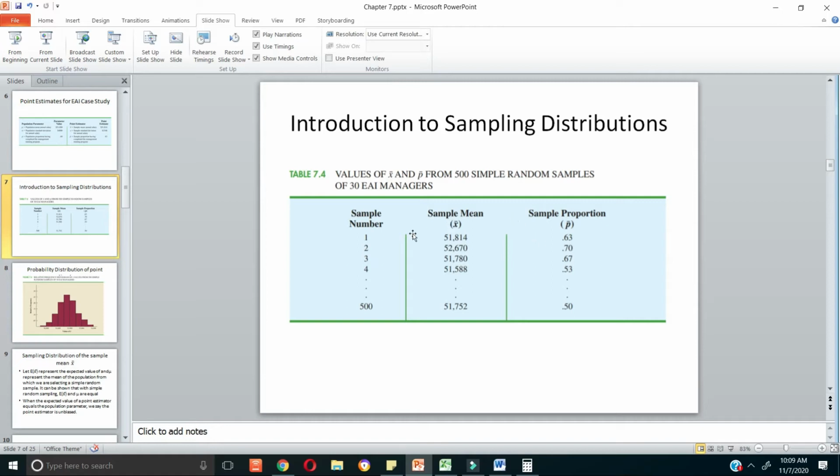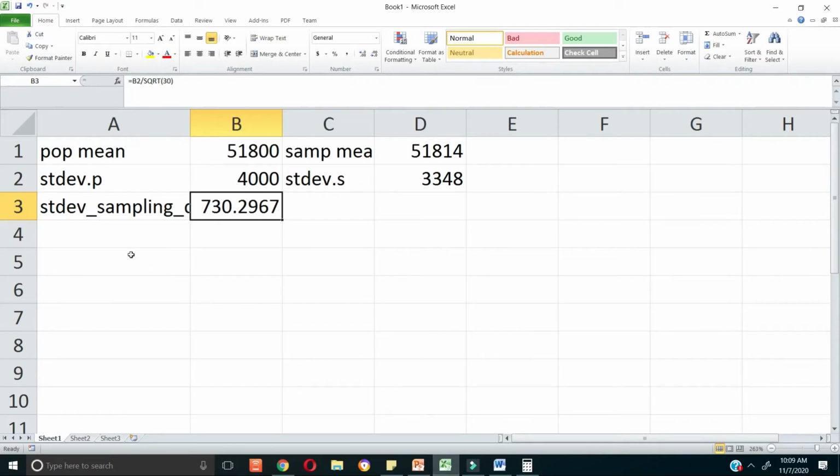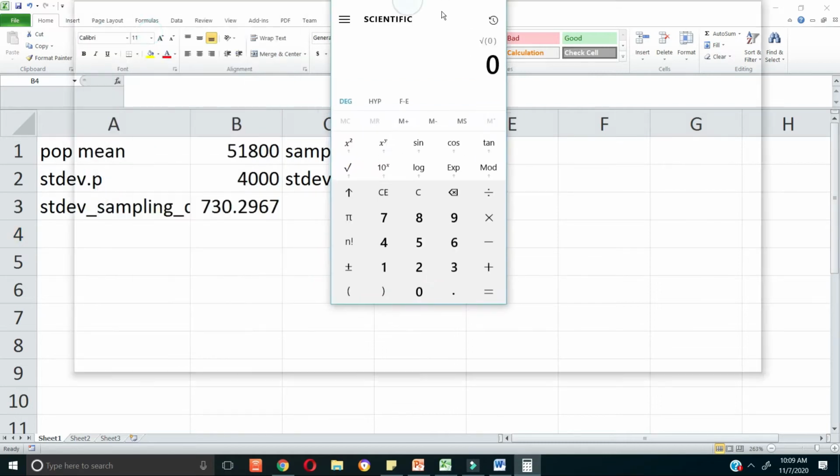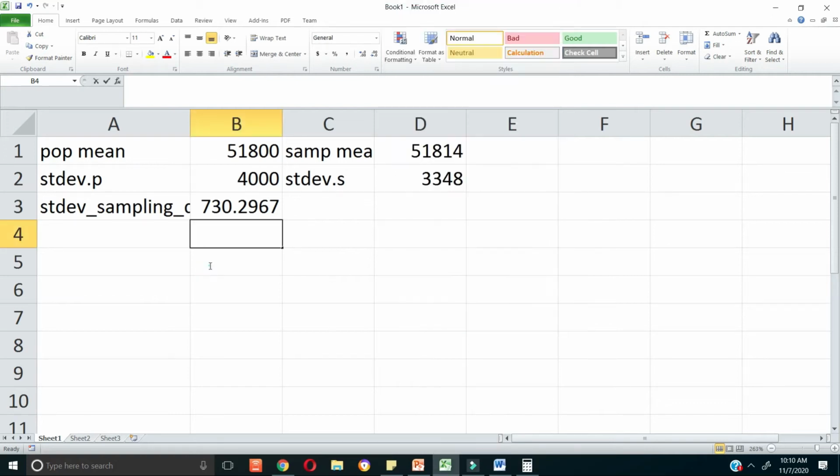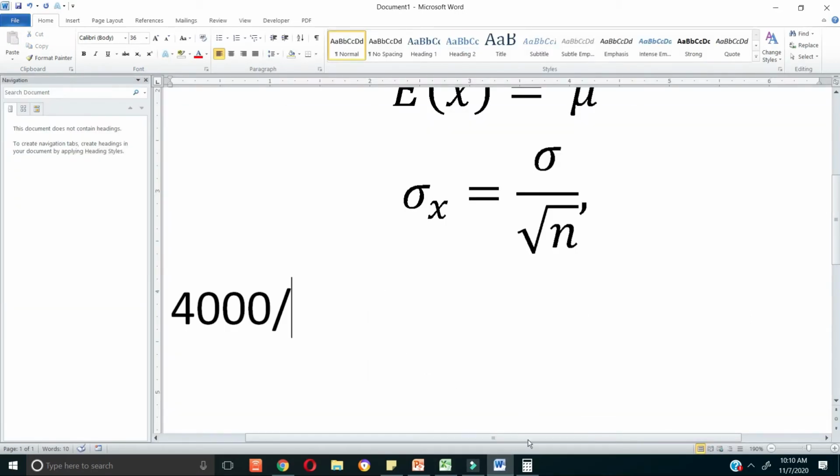This is our population mean over here. So an error of plus or minus 500 means: what is the probability that the mean we get from any sample is going to be from this figure, 52,300, to this figure?